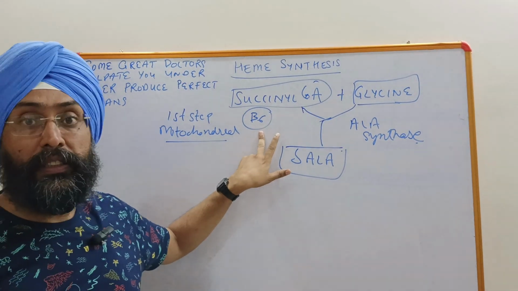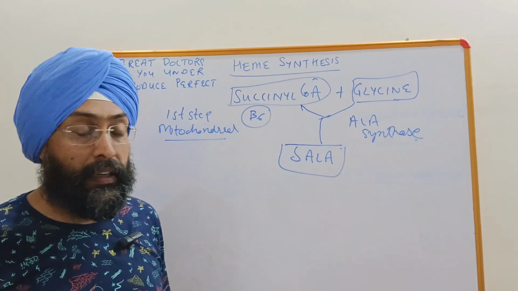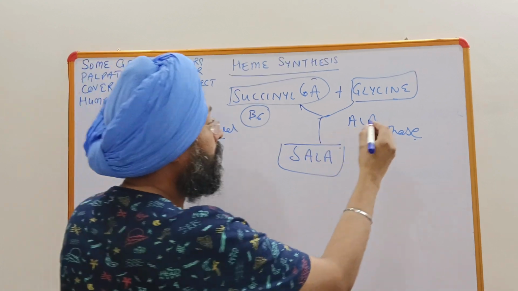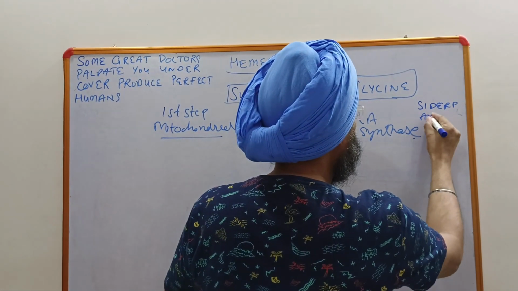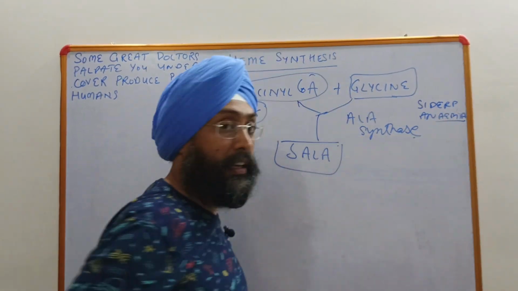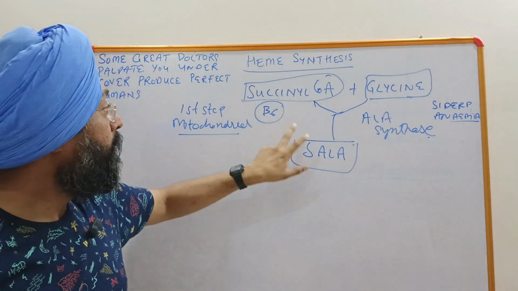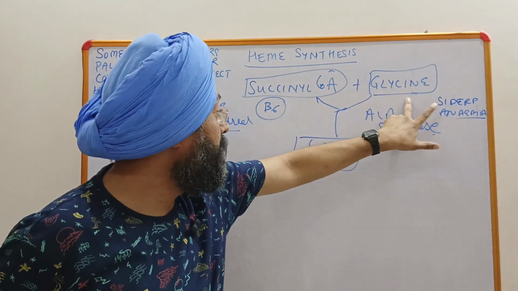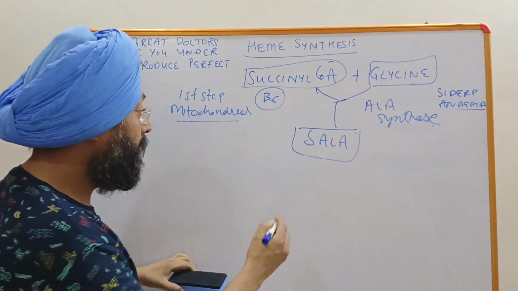So if we have a deficiency of vitamin B6 or pyridoxine, the heme synthesis will not happen and we will get anemia, or sideroblastic anemia, right? Clear? Now some great doctors is clear: succinyl CoA, glycine, and finally delta amino levulinic acid, right?